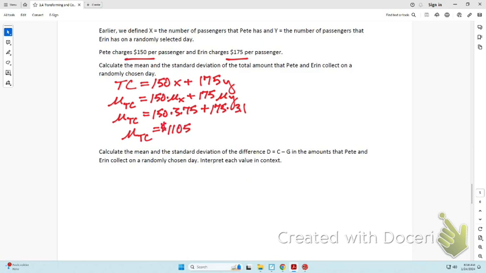For standard deviation, the whole reason why I showed you that previous page, where you square everything, is because of this. So we're going to square 150, square sigma x, square 175, square sigma y, and combine them all. I think I have all these numbers memorized now.